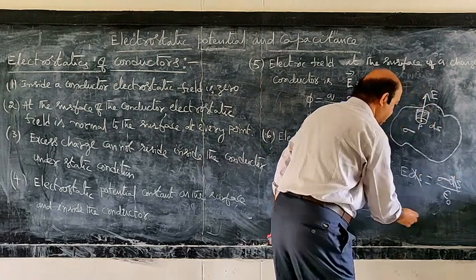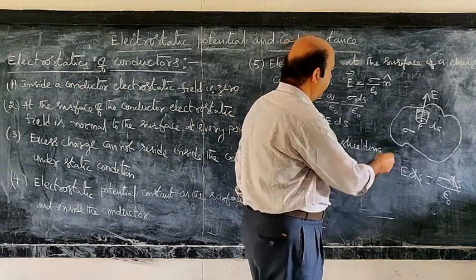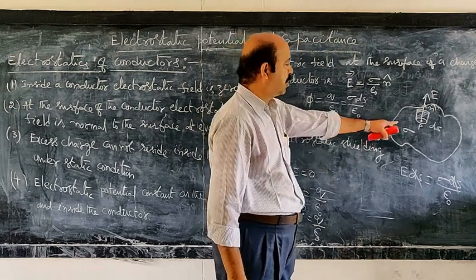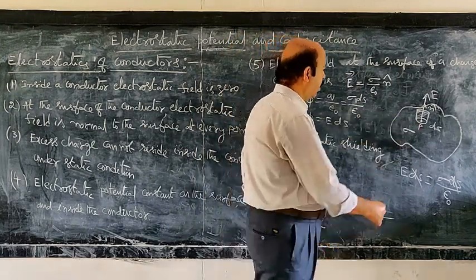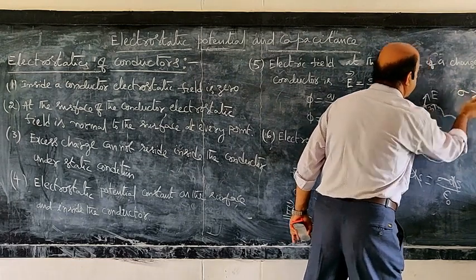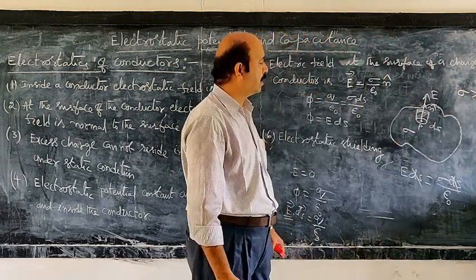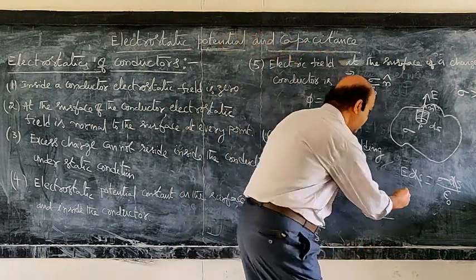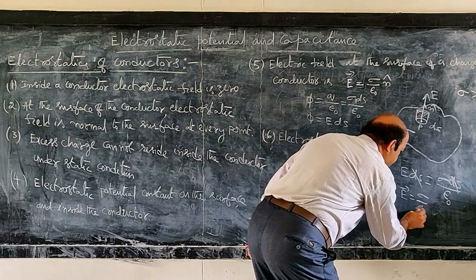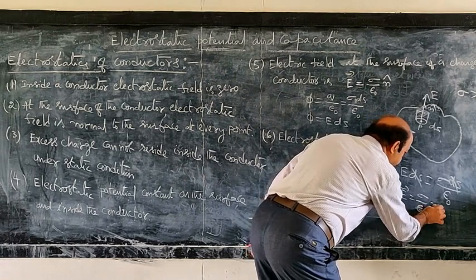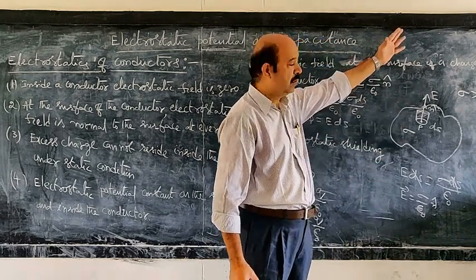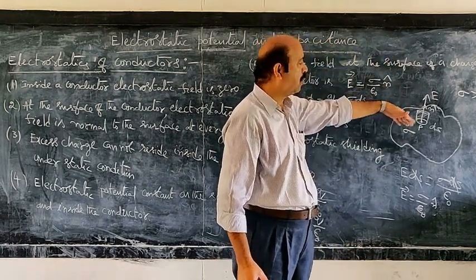So the ds cancels. Now, if you imagine a unit vector radially outwards, and sigma is greater than 0, the conductor has positive charge. In such a case, in vector notation, you can write sigma by epsilon naught n cap. So the field will be radially outwards, along the outward drawn normal.